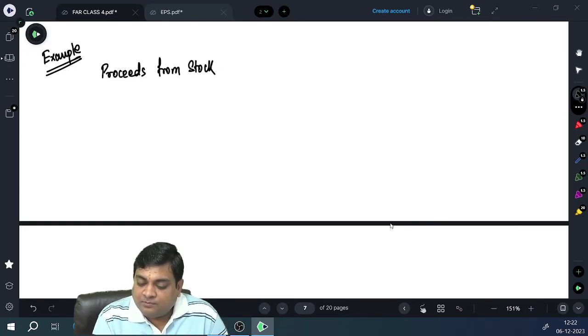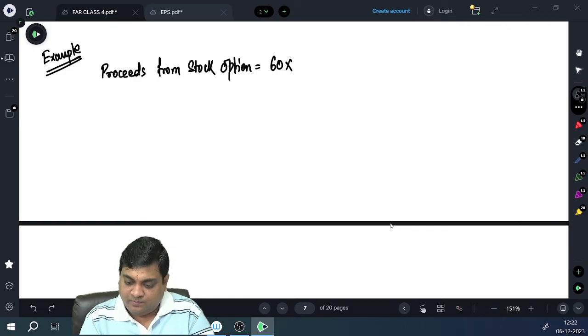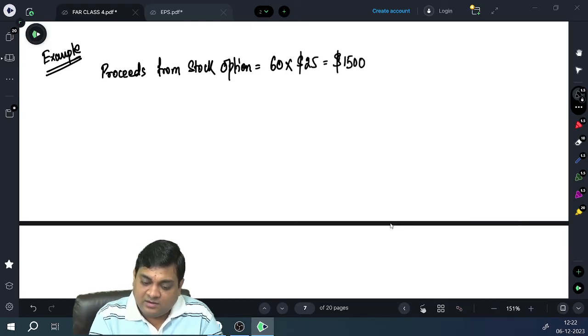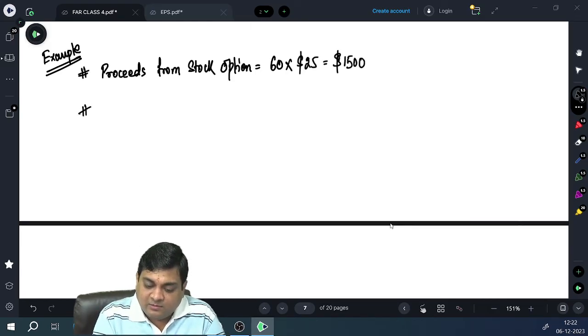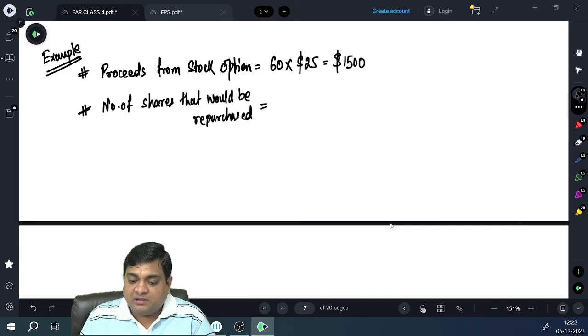Proceeds from stock option is 60 into dollar value 25. That comes to 1500. Number of shares that would be repurchased.